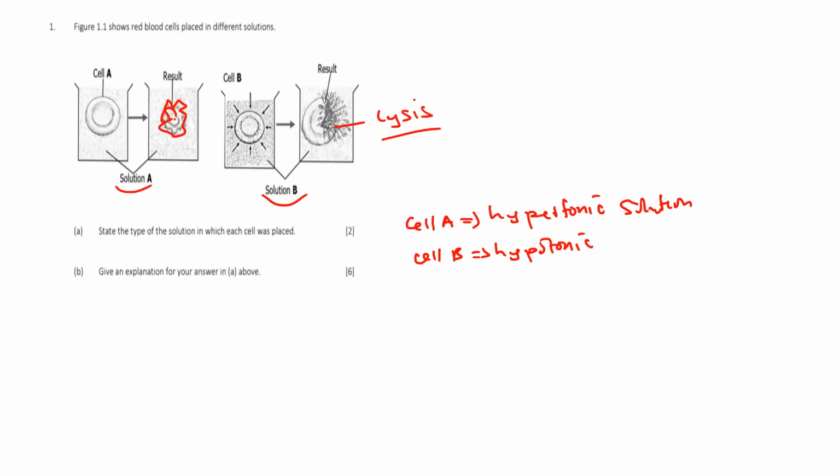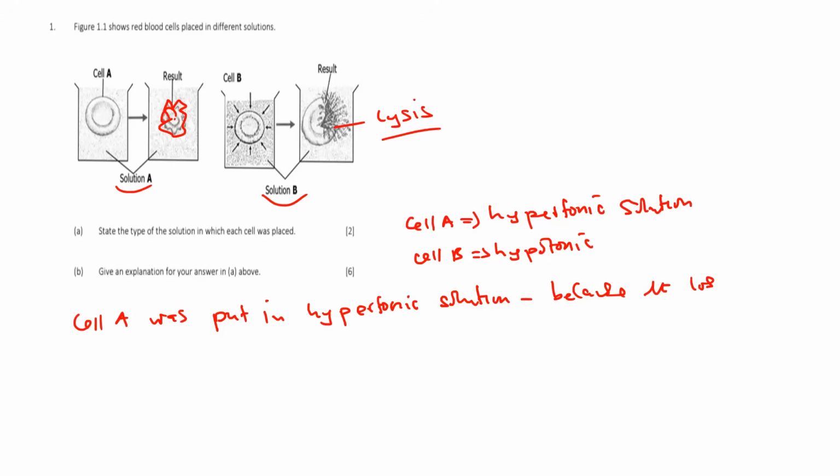The reason for the first one: cell A was put in a hypertonic solution because it lost water by osmosis, resulting in cell crenation, or shrinking.